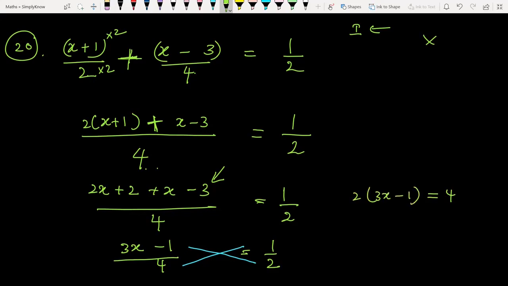So let's remove the brackets. 2 times 3x is 6x. 2 times minus 1 is minus 2 equals 4. Then 6x equals 4 plus 2, which is 6. 6x equals 6 and x equals 6 divided by 6, which is our x is 1.